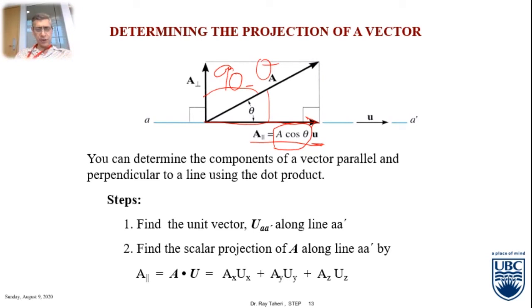When you want to find the projection of a vector on an alignment, you find the unit vector of that alignment, and then you simply find your vector multiplied by the cosine of the angle between your vector and that direction. This is a scalar, and you multiply a scalar by the unit vector of that direction, in this case A prime.